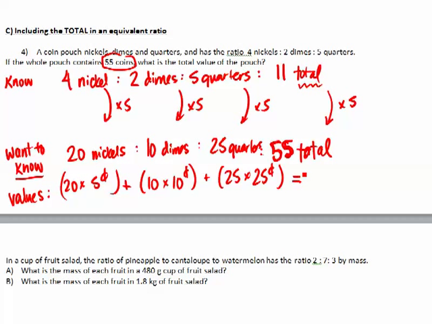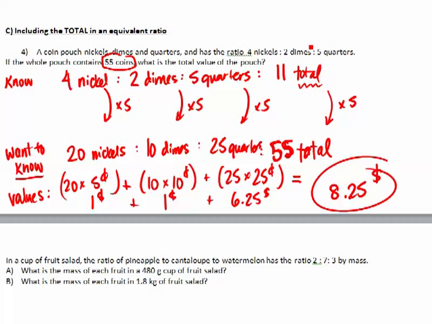So if we add this all up, 20 times 5 cents is 100 cents, or $1. 10 times 10 cents is, again, 100 cents, or $1. 25 times 25 cents is 625 cents, or $6.25. If we add this together, our total value of the pouch is $8.25. So given the total, this is a very important part to add into our proportion, we can then balance that out.